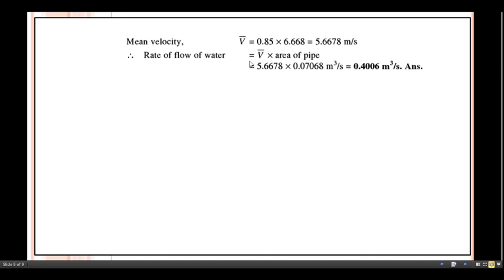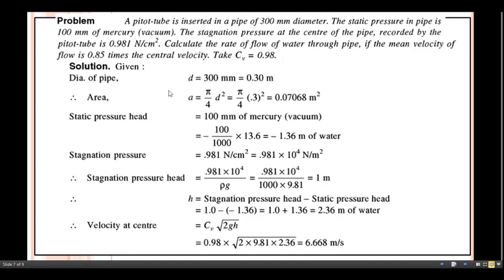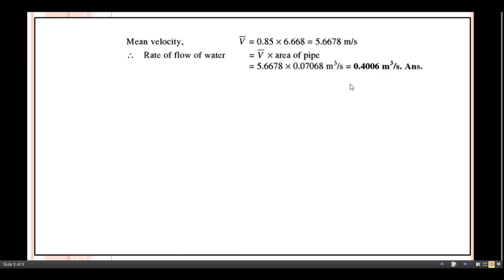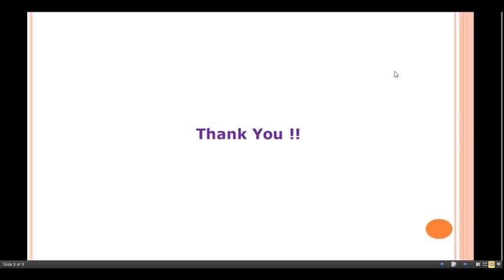The rate of flow of water is the area of the pipe multiplied by velocity. The area is already calculated here. Substituting it, we get the rate of flow of water as 0.4006 meter cube per second.